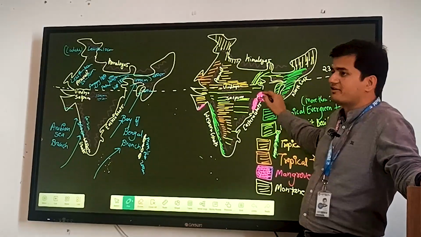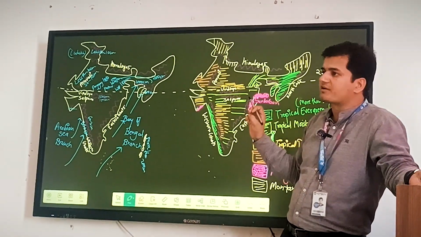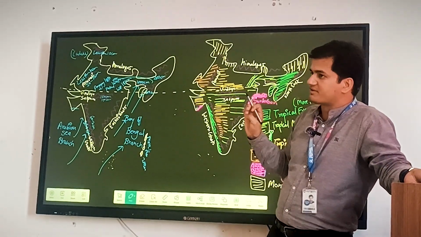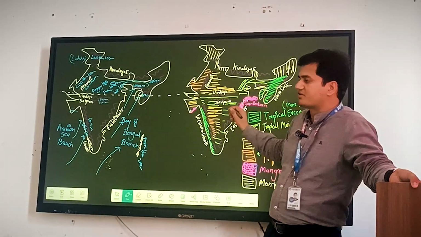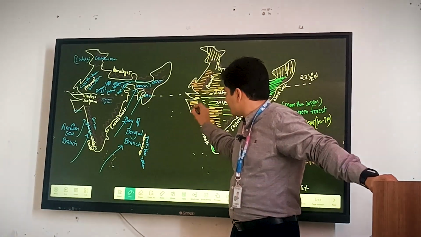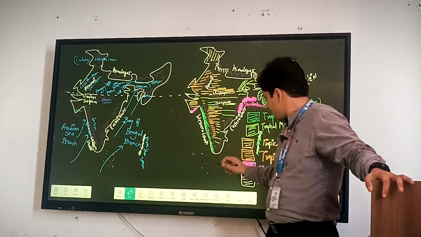Some of the mangrove forests we can find in the region of Odisha. In the Bhitarkanika National Park, we can find the mangrove forest. So these are the regions where we can find the mangrove forests. A little patch of mangrove forest we can also find in Gujarat.